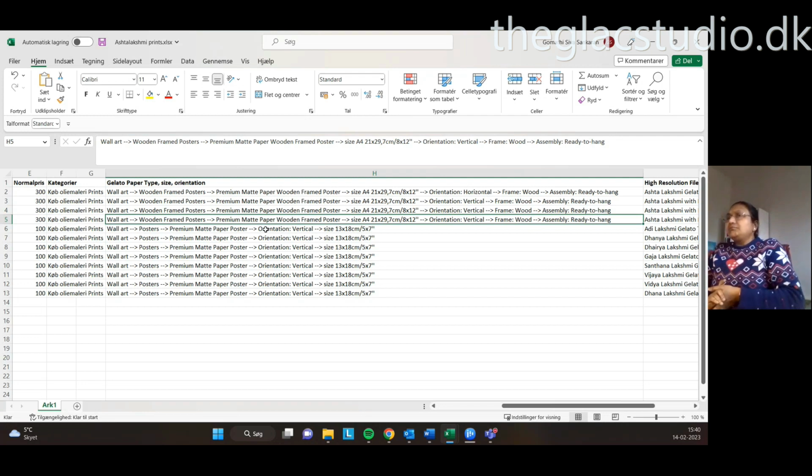How much percentage of profit do you want to add? I think it's a very good question. At least start with a 5 to 10% profit if you're not very sure, and slowly increase the profit margin if you see that this is going very well.